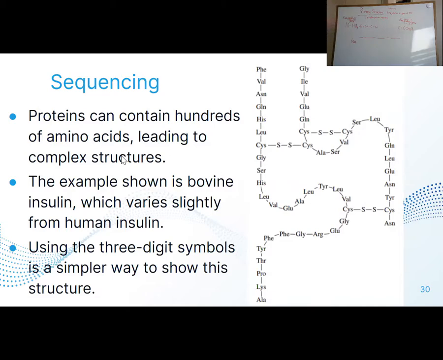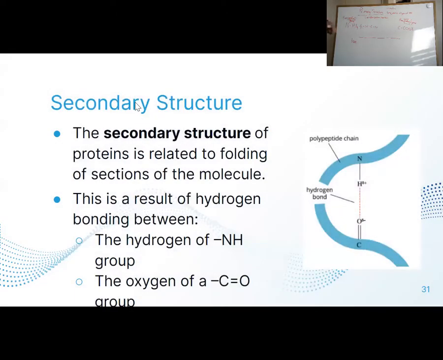And that's because of the structure, and I'll go through that as well. So this is where it starts to get interesting. We have our primary structure, which is in a straight line. But in this, there are positively charged hydrogen.